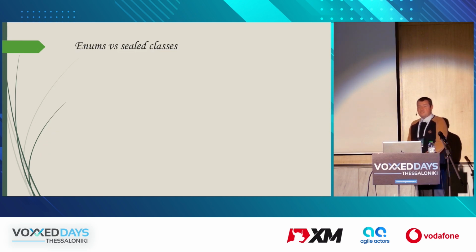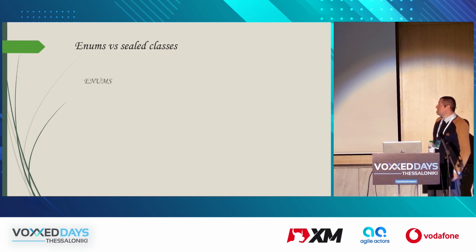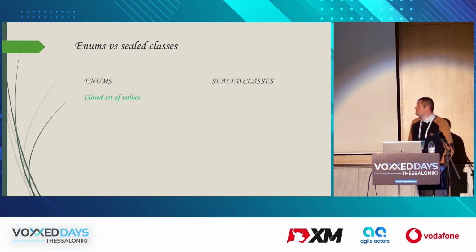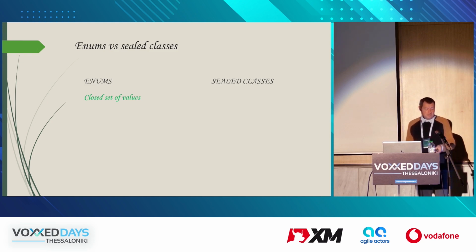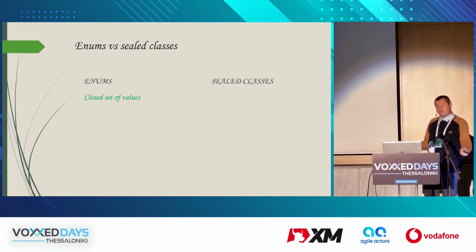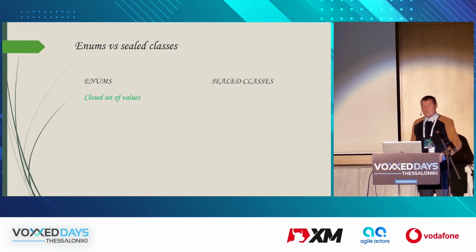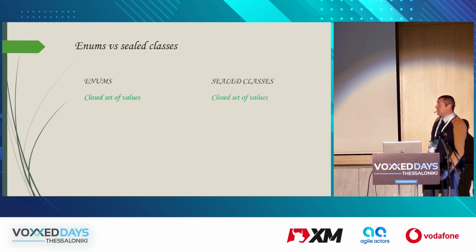Enums versus sealed classes. So let's start from enums, and with enums, something like a closed set of values. True, yeah, because we define the enum, we know which values are included inside it. With sealed classes, the situation is exactly the same.